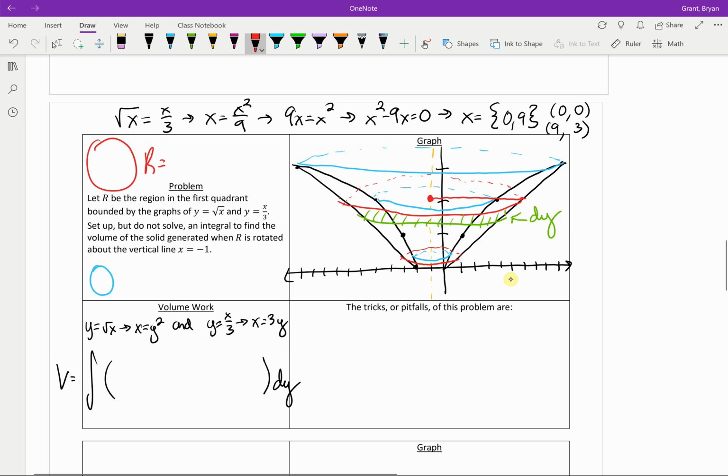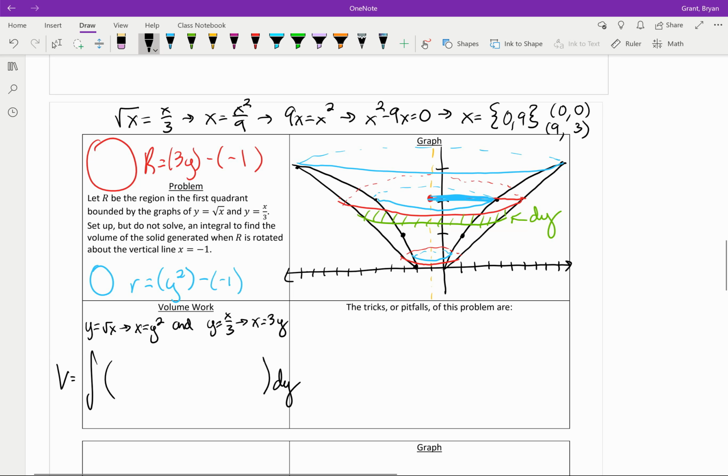Our right function is the linear equation, that's 3y, and my left function, the real kicker here, is the line x equals -1. Other radius, we have lowercase r, and this one I'm just going to write right over top. It's going to be right here. Right function is the curvature one, that's my y squared, minus the left function, -1.